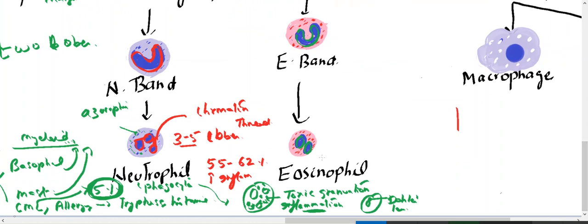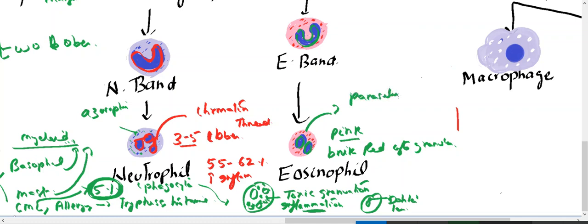Eosinophil, how are they characterized? Eosino means pink, basophilic means blue. So they have brick red cytoplasmic granules. Why are these granules important and why are they increased in parasitic infections? Because these granules have what is called the helminthotoxin.